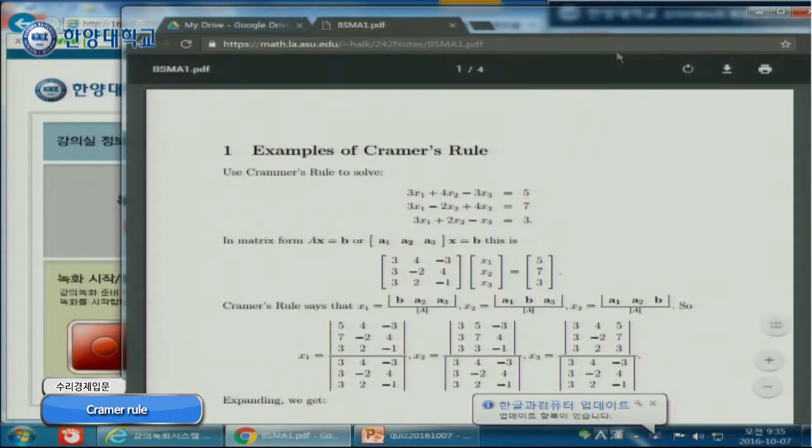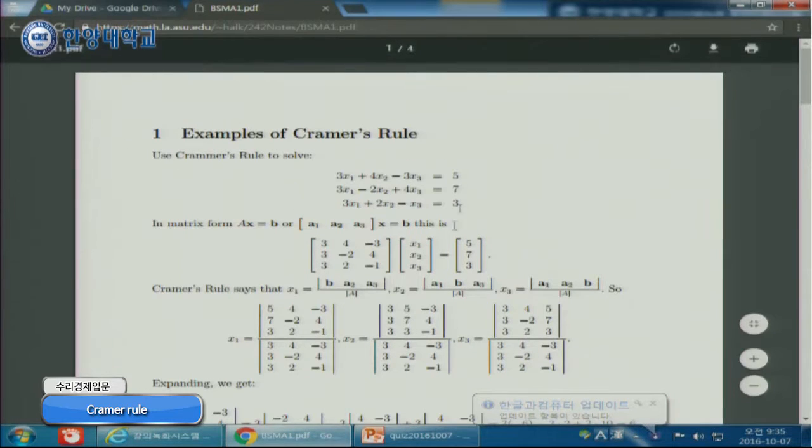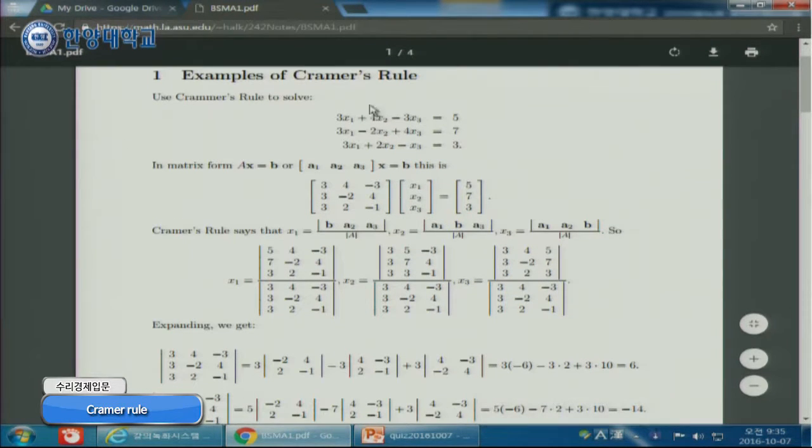I got this problem from this link. So use Cramer's rule to solve this one, and then I basically cut and paste this area. Okay, so this is a system of equations, and we transform this one into a matrix form.